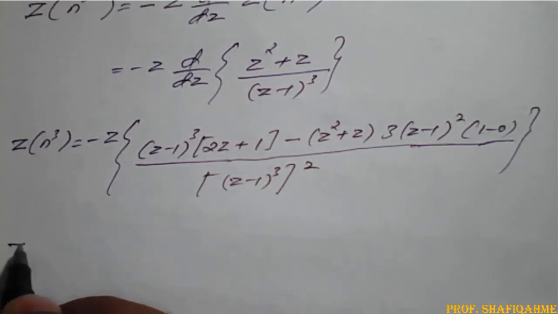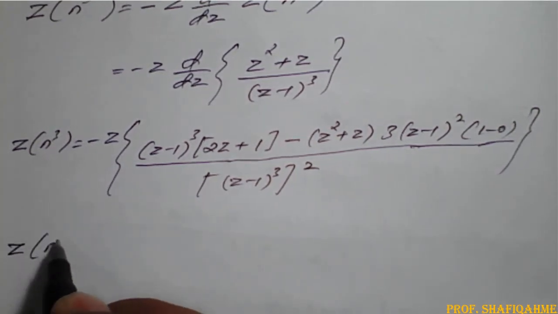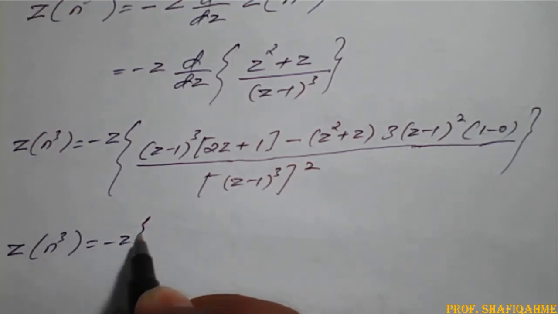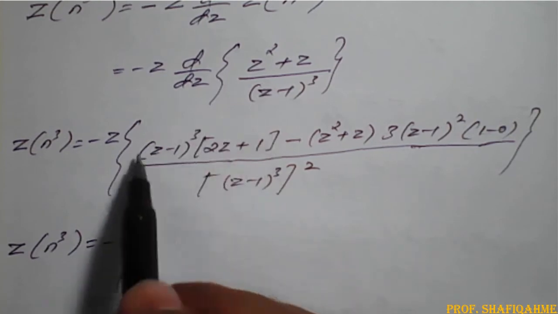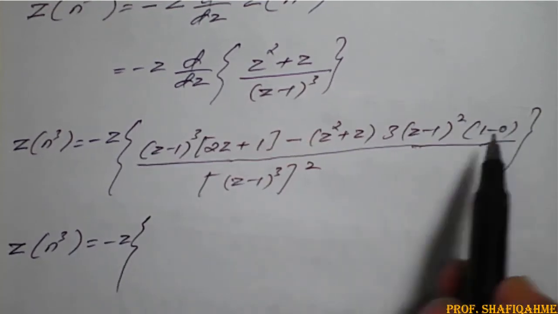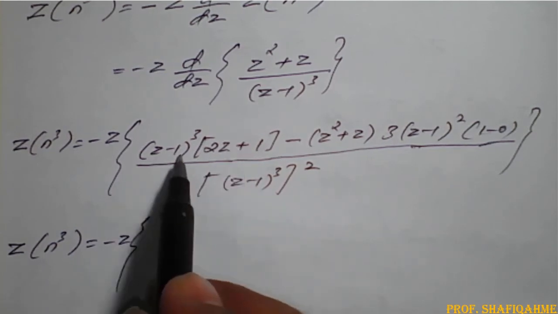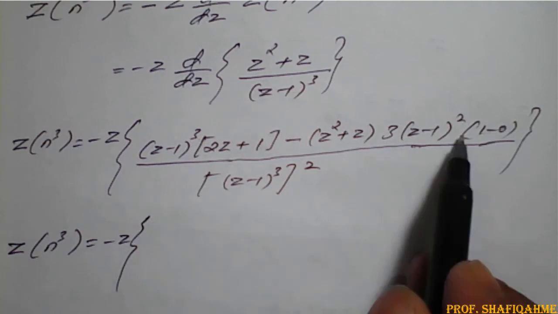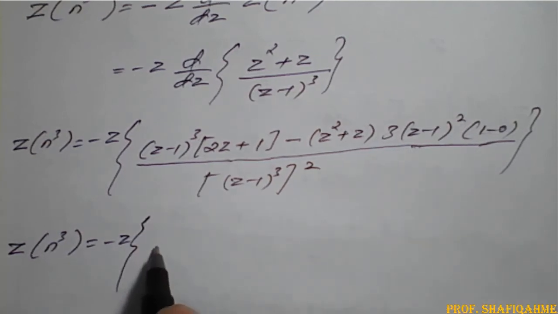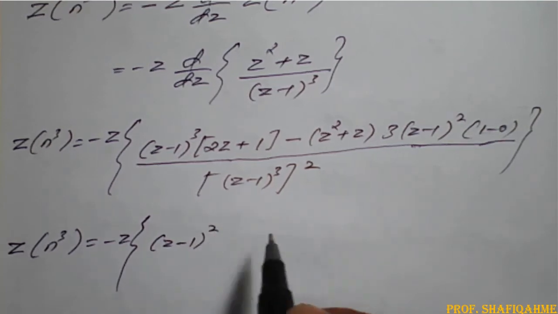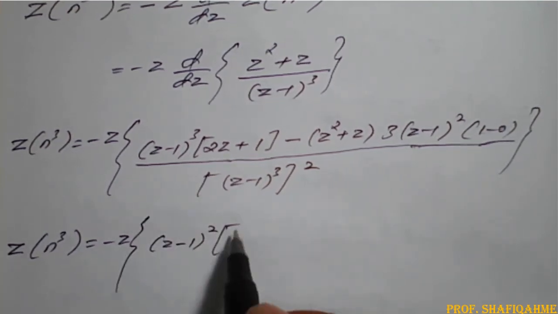So we have completed the differentiation. We need to simplify. Z transform of n cube is equal to minus z, this will keep outside. So we have two terms, so this is one term completely and this is another term. From the first term z minus 1 is there, and second term also z minus 1. So here power 3 and here power 2. So I will take z minus 1 whole square outside. So what is left, we'll see.